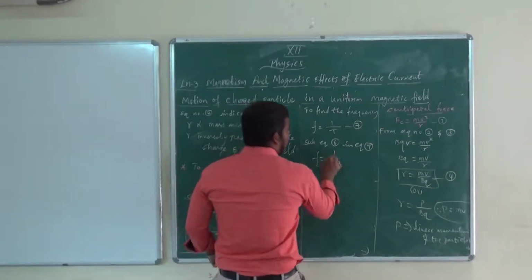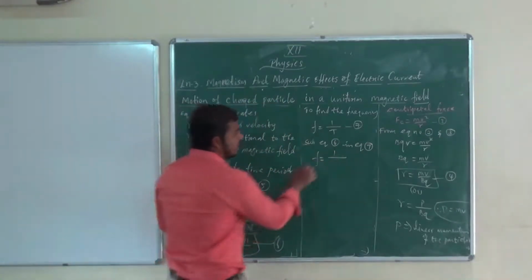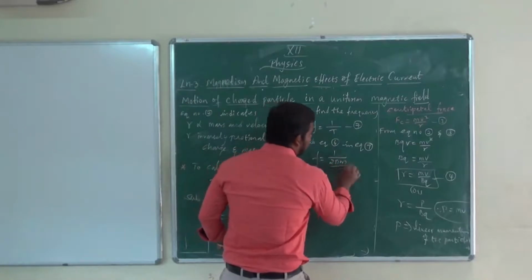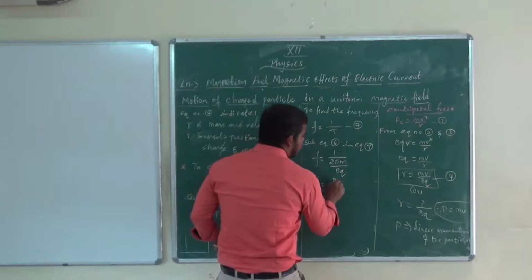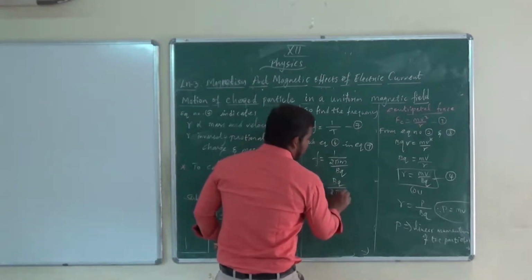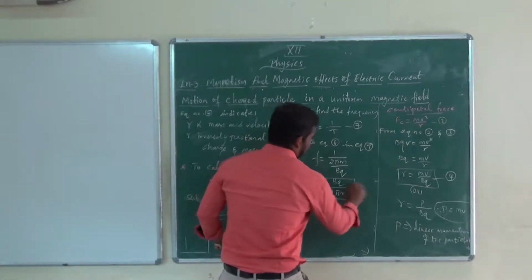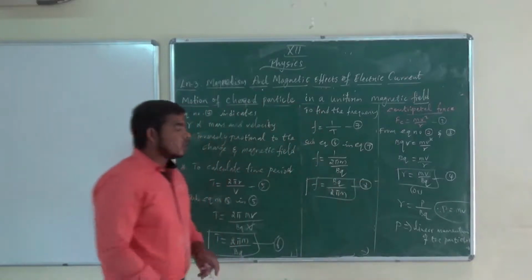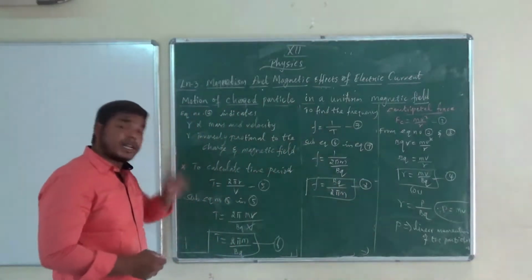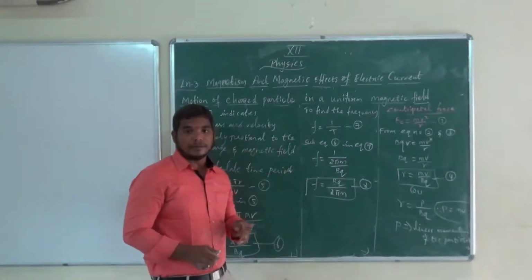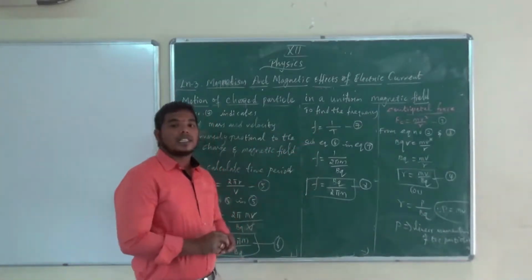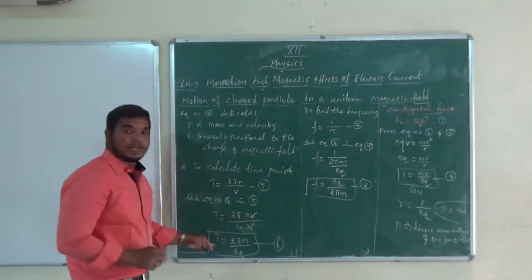Frequency equals 1 divided by 2 pi m by qB. If you rewrite it, qB moves to the numerator: qB divided by 2 pi m, equation number 8. Any confusion in getting equation number 8? Frequency is defined as the reciprocal of the time period, and we already have the time period equation.